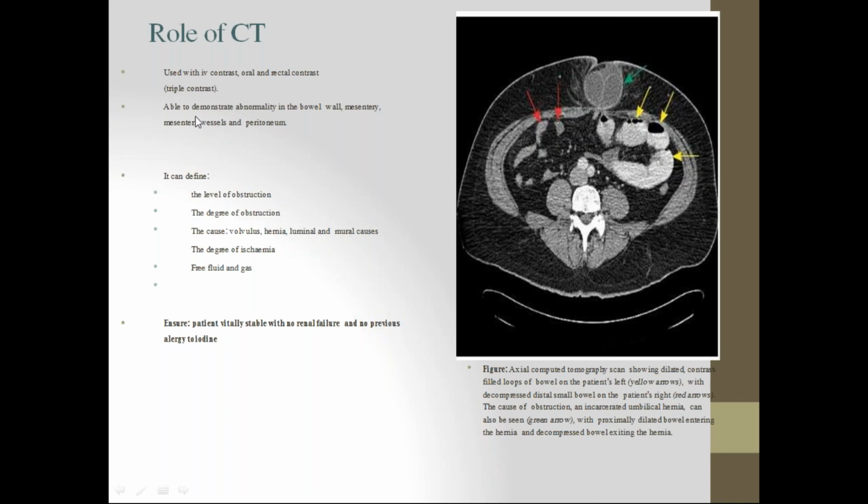So it can help demonstrate abnormalities in the bowel wall, mesenteric vessels, and the peritoneum. It can define the level of obstruction, the degree of obstruction, the cause like volvulus, hernia, and luminal and mural causes, the degree of ischemia, and whether there is any free fluid or gas present.